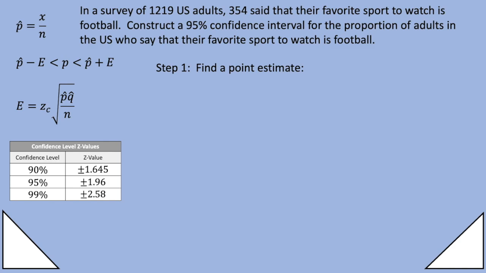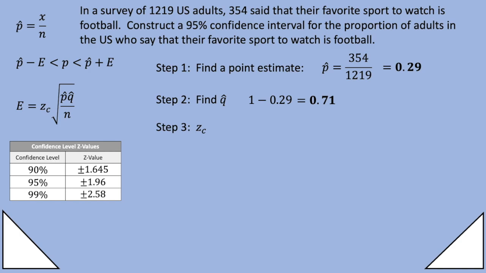P hat, the proportion of our sample, is 354 divided by 1219, so about 29%. Now we need to find Q hat, which is just 1 minus 0.29, which is 0.71. Step 3 is to find the z-value for the confidence level. If we're working with a 95% confidence level, that means our z-value is plus or minus 1.96.